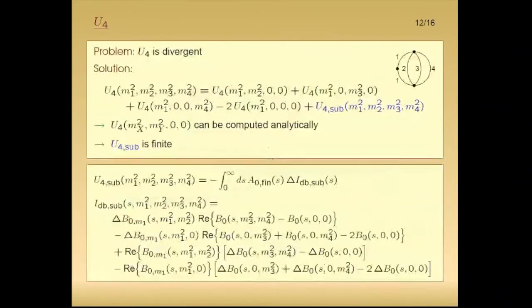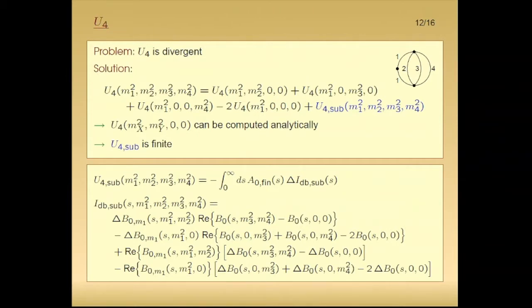Now there's one problem because this integral has UV divergences, and numerical integrals don't like UV divergences, so we somehow have to make it finite. Well, one way to do that is one can identify this combination of the same topology, but with some masses set to 0. And it turns out that this sum has the same UV singularities as this general case.